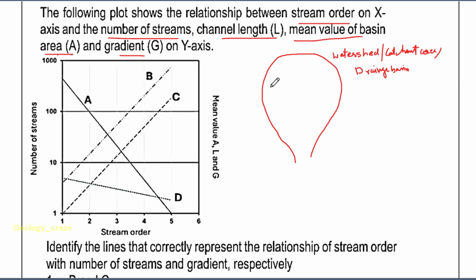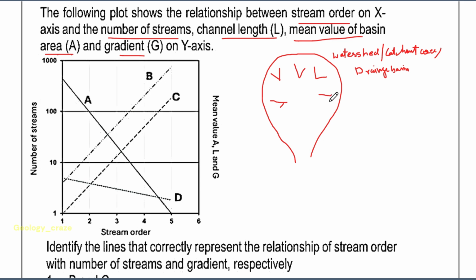So now first is our stream order. But before stream order we should know how to give numbering to the streams. Suppose these are some streams. From the beginning of the stream, we call it a first order stream.